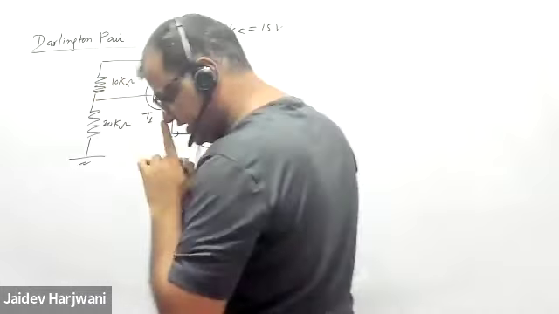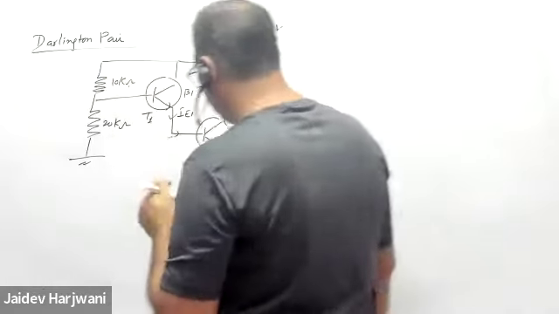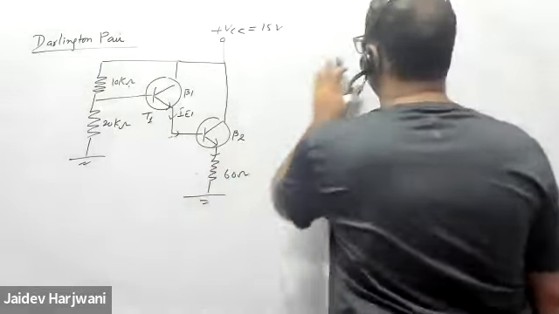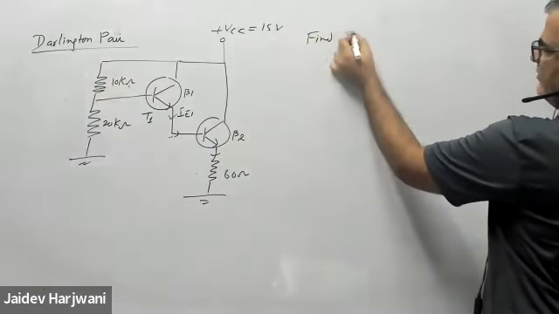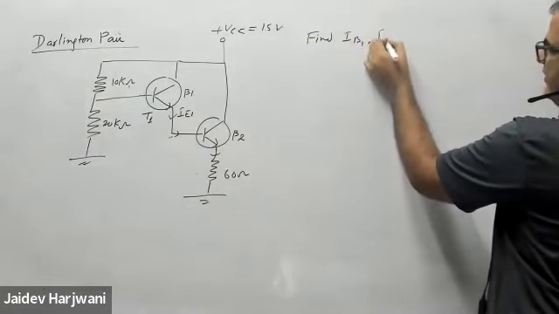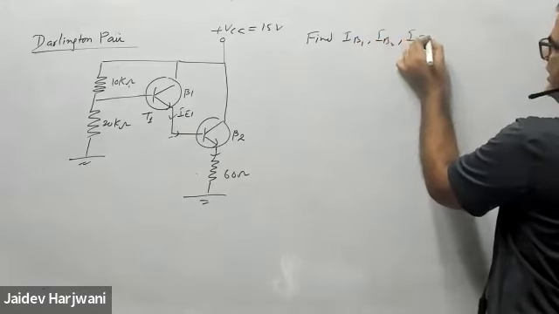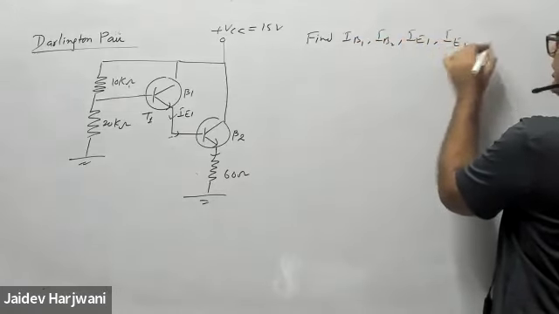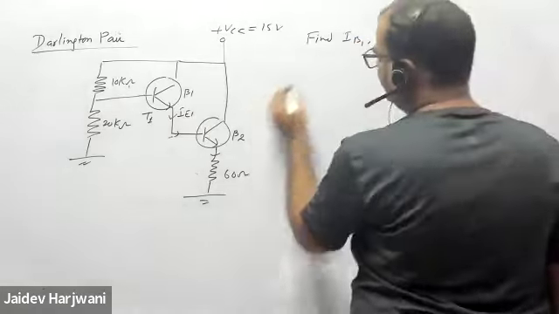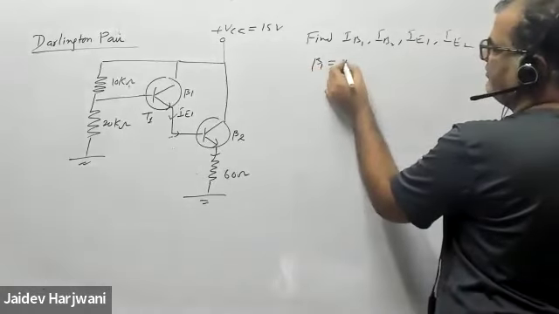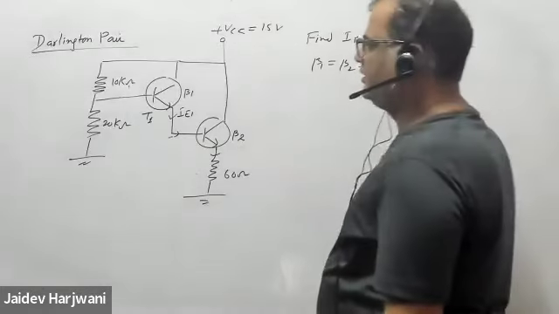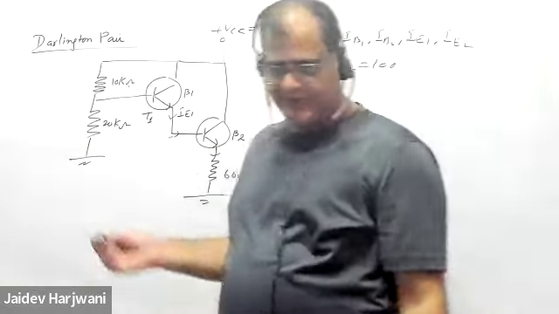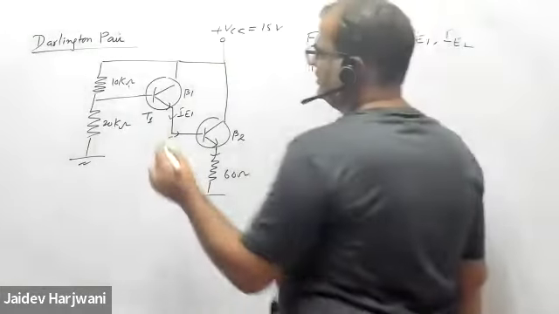Now it says find the value of IB1, IB2, IE1 and IE2. Beta 1, beta 2 both are 100. Solve this problem. How will you solve?